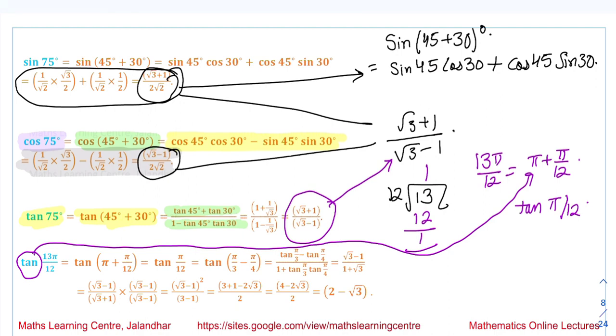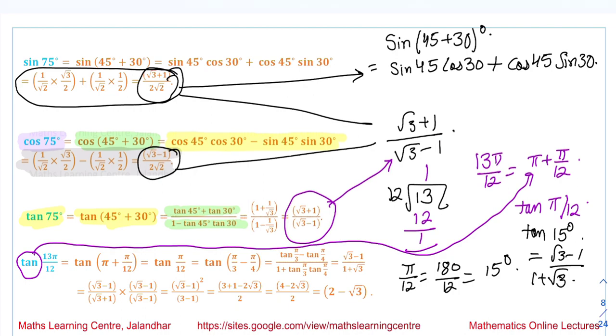Now this value pi by 12 is equal to 180 over 12, that is equal to 15 degrees. It means we want to calculate the value of tan of 15 degrees, and the answer for tan 15 degrees that we have already seen is equal to square root of 3 minus 1 over 1 plus square root of 3.